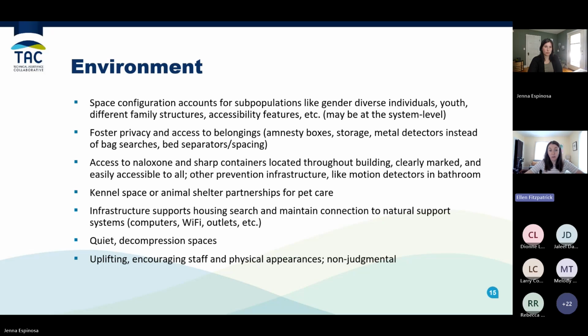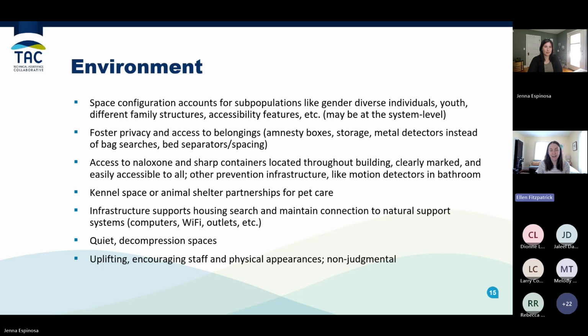Having physical infrastructure that supports housing search and people's ability to maintain connections to their natural support systems. So outlets. I recall a time when I was working with a shelter that didn't allow people to use their cell phones. And I think from their perspective, this rule was in place because they were worried about people stealing each other's cell phones.